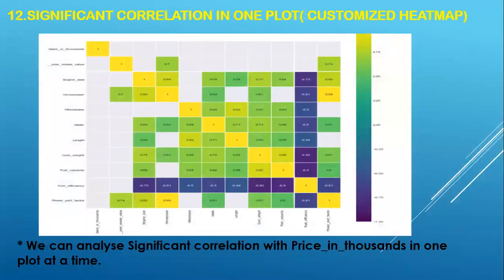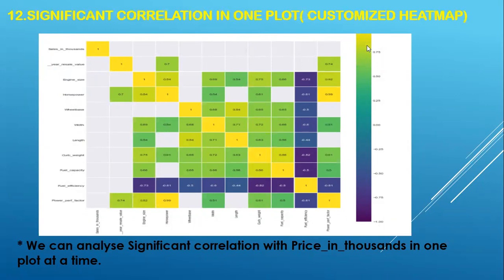Next, significant correlation in one plot. This is a customized heat map. This is very important. We can analyze significant correlation with price in thousands in one plot at a time. Here in the first column, the highest significant correlation is 1.